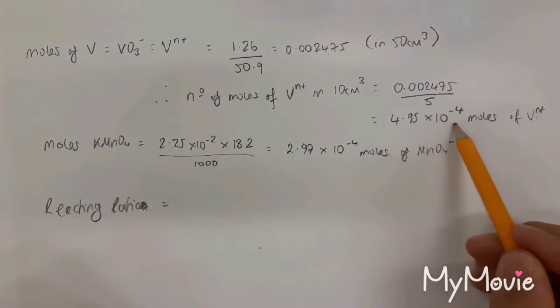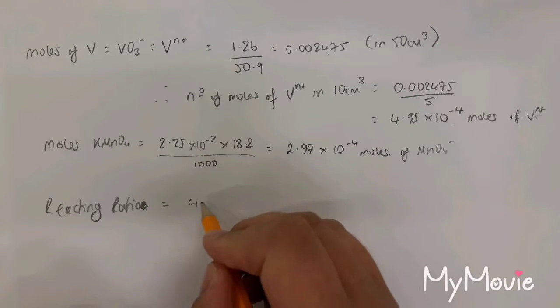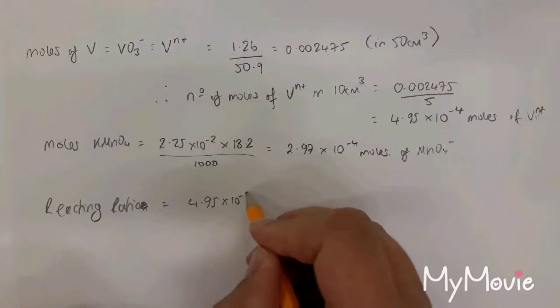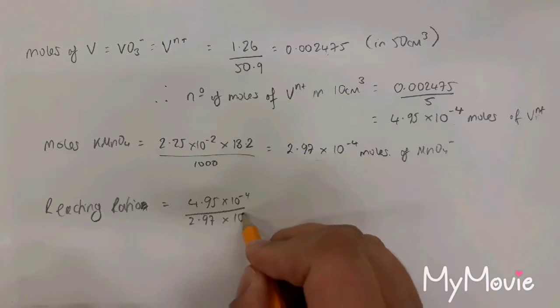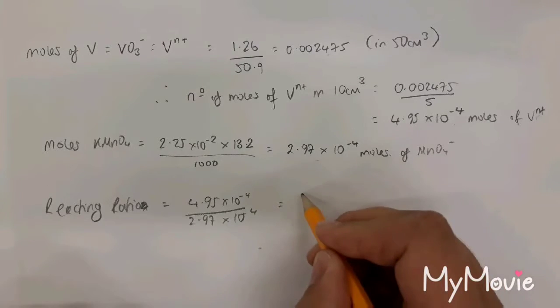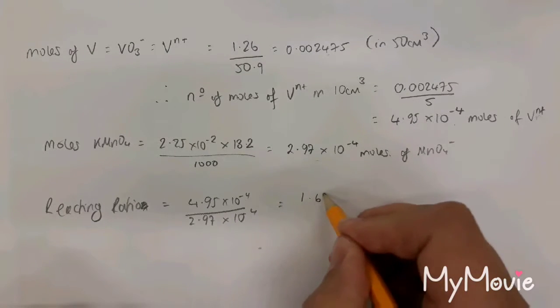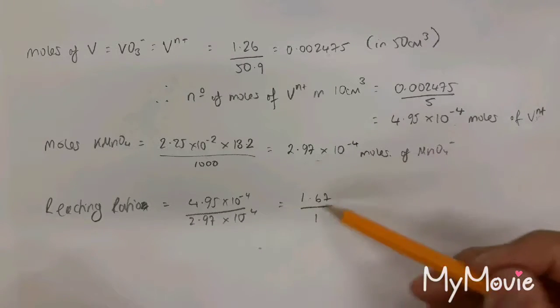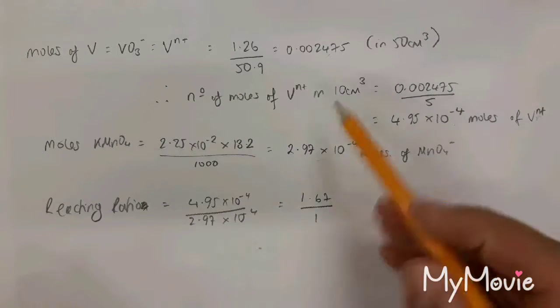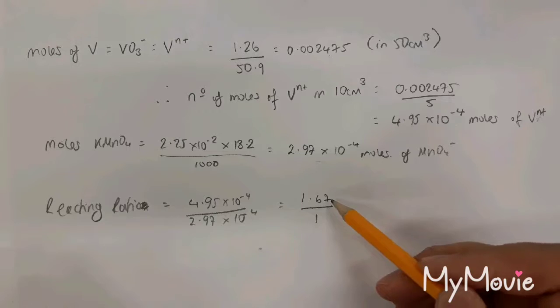So I divide 4.95 times 10 to the minus 4 by 2.97 times 10 to the minus 4. That will give me a ratio then of 1.67 to 1. Obviously I can't use 1.67 in an equation, so I need to scale this up until we get whole numbers.